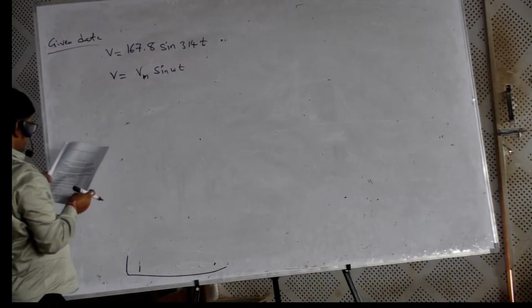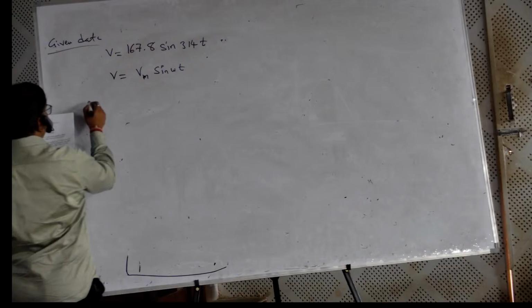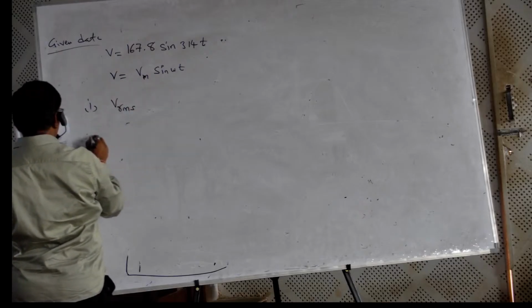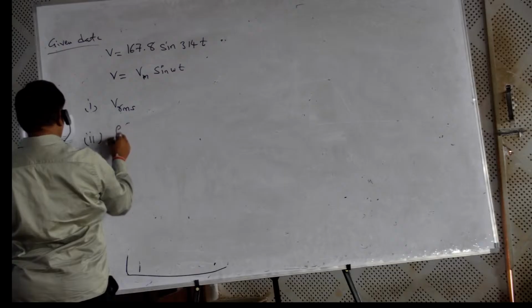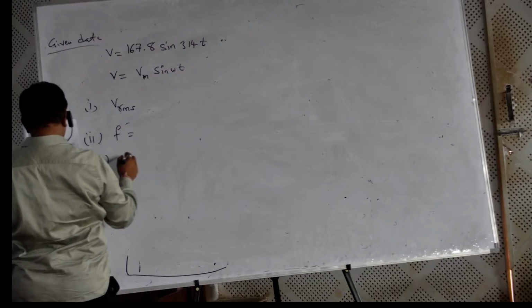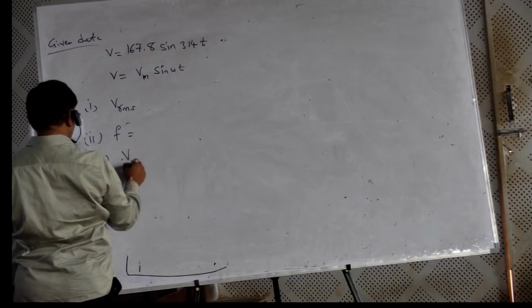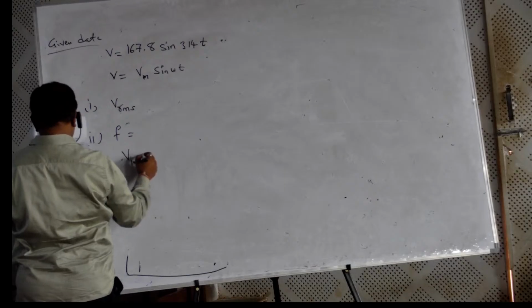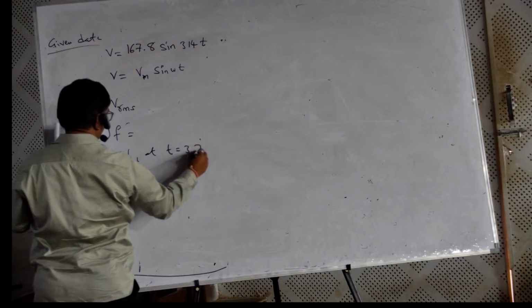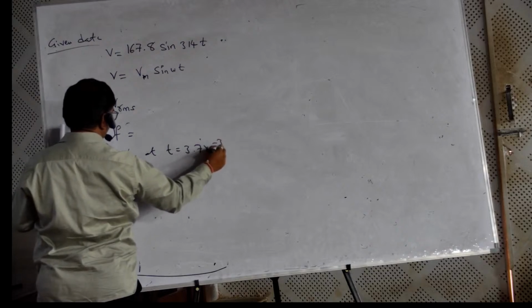What we have to find out: first is VRMS, second is frequency, third is the instantaneous voltage at t equal to 3.7 milliseconds.